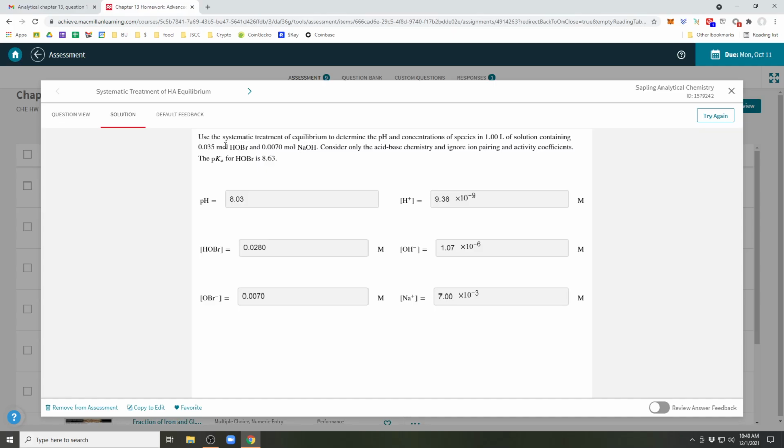This base is going to react with your acid here. And so just using logic, you could figure out that pretty much what happens is a 1-to-1 ratio of reaction. The vast majority of your deprotonated conjugate base, the OBr, which is down here, is just going to be a straight up 1-to-1 ratio of the reaction.